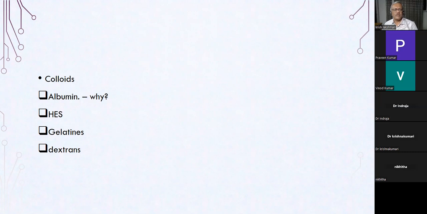So for some lasting effect of drainage of an intractable ascites in chronic liver disease, it is useful to give some albumin. Other than that, in normal clinical practice, you rarely ever use albumin for resuscitation.